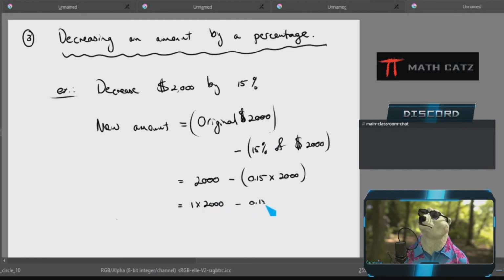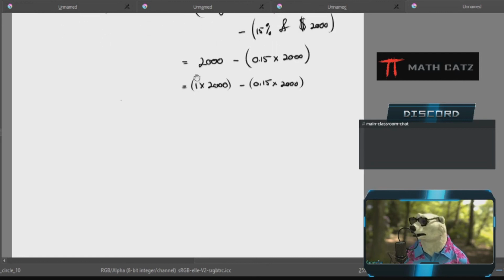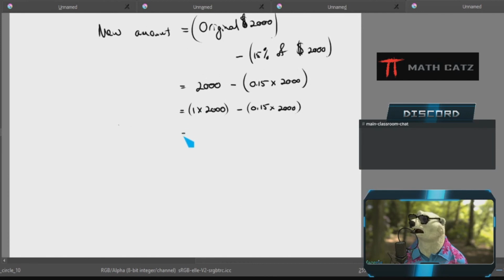I lose 0.15 of these 2,000s. Now, how many 2,000s do I have? I have 0.85 2,000s. Or you factor out the 2,000 and then you have 1 minus 0.15.